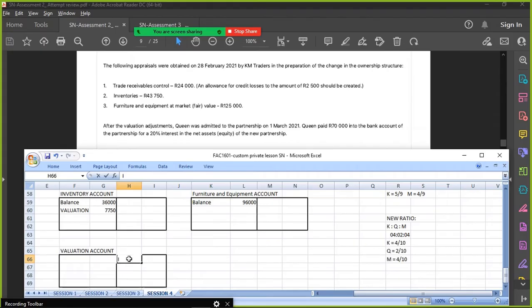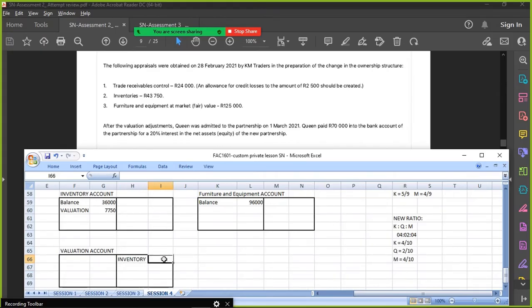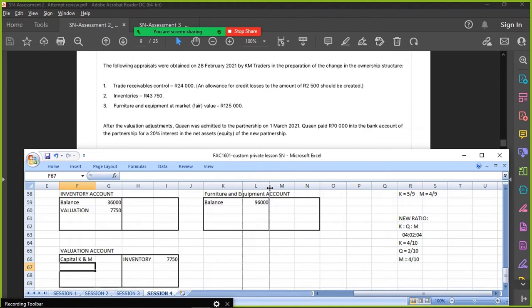Let me show a gap in between so you can see debits and credits. Then you're going to have inventory here, and obviously the benefit gets given to the partners' capital accounts, capital K and M. Does that make sense? That's just basic theory, but you just need to be familiar with it. Obviously that'll be assigned to those partners. This is important for now.